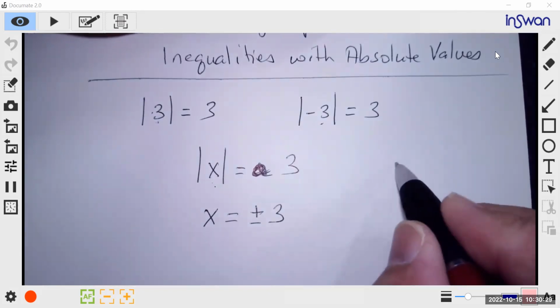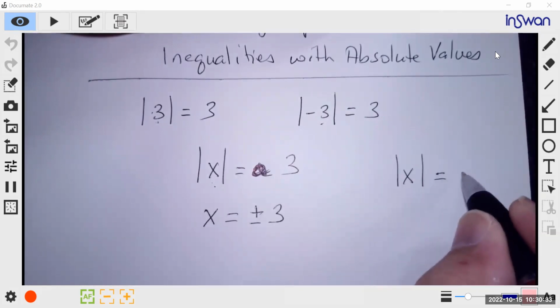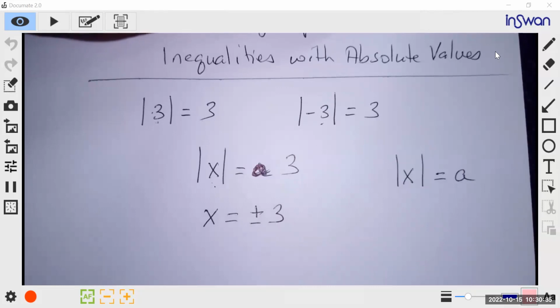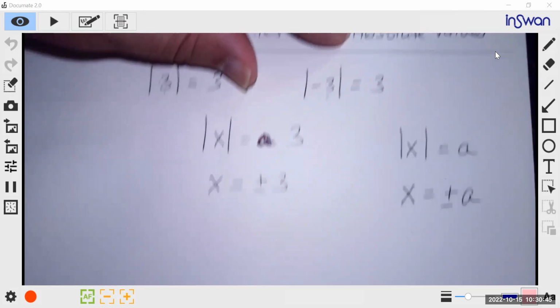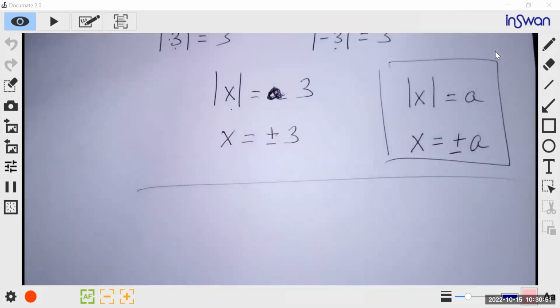Which brings us to our rule. If we have an absolute value around our x equals some number, and we drop the absolute value, we automatically put a plus or minus in front of the answer. So this is the formula for this first part.